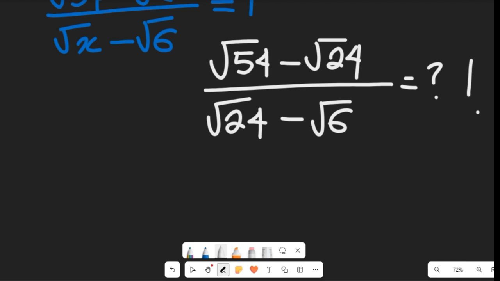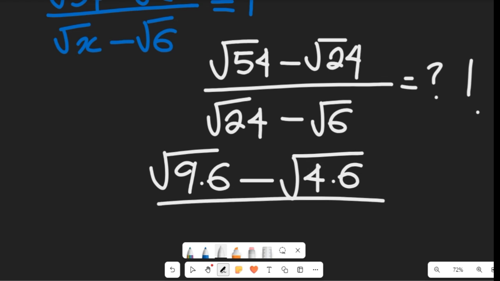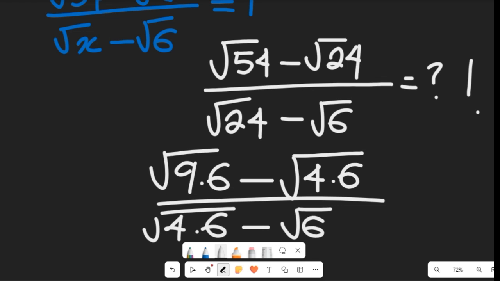Now let's find out. If we simplify that, we are going to have this expression to give us the square root of 9 multiplied by 6 minus 24. If we find the factors, it's going to give us 4 multiplied by 6, and all of these will be divided by 4 multiplied by 6 minus the square root of 6.